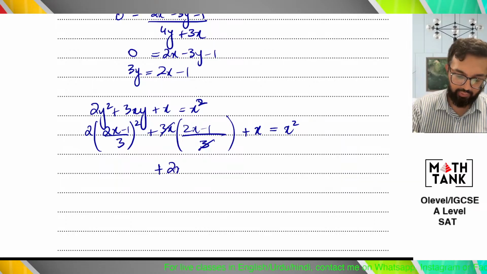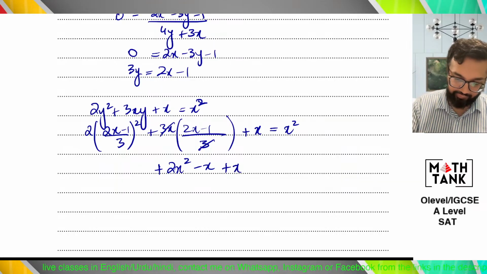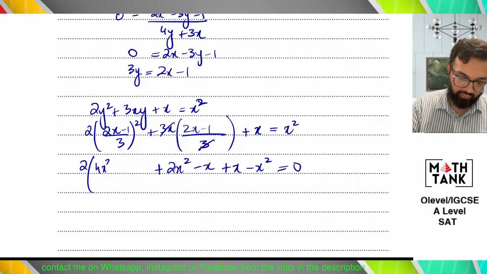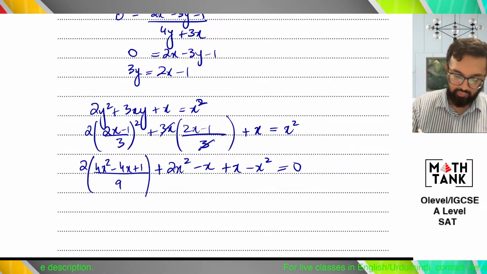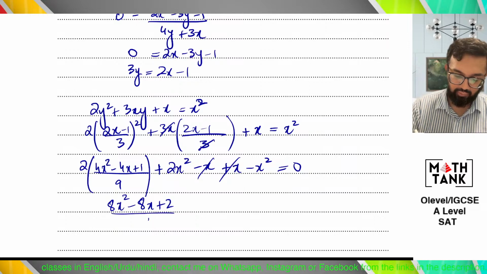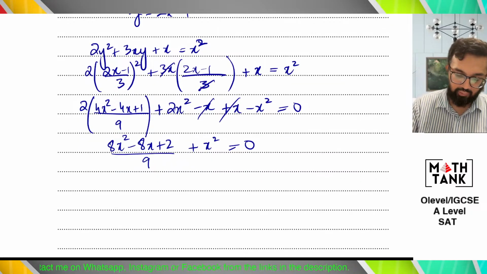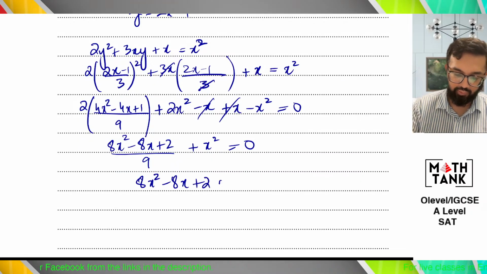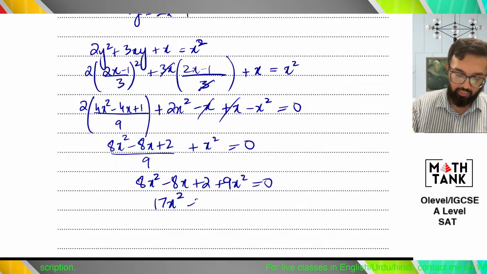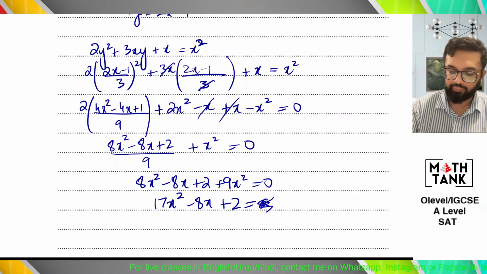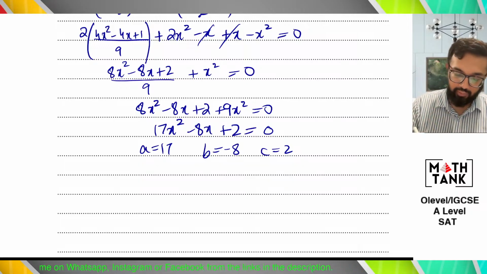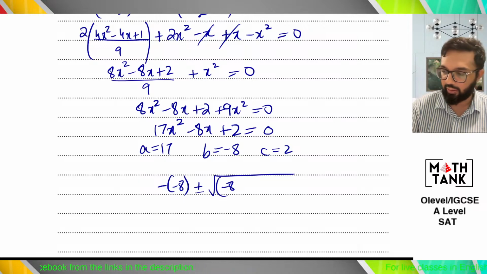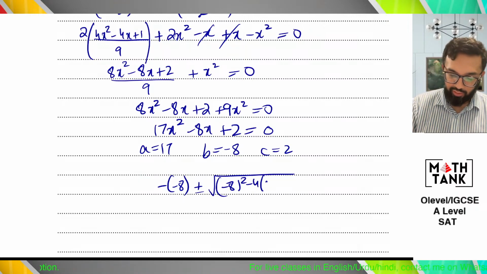So plus... okay, when I do A, B, C from here, तो जब मैं इसको रखूंगा तो b square minus 4ac. अली कोशिश करते हैं.